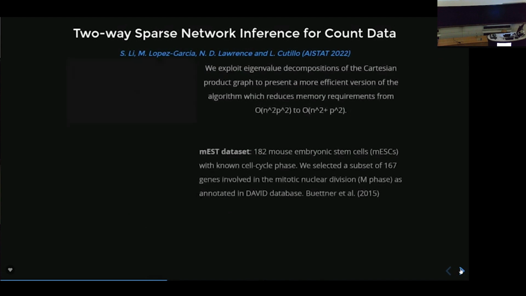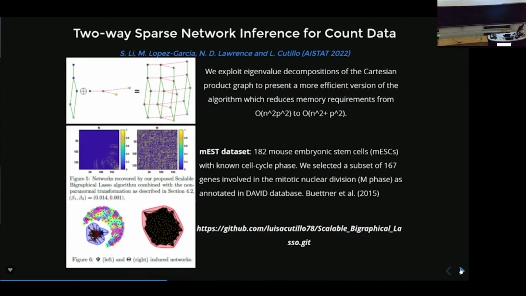So what we did, we worked on that with CIGA, and we made it a little bit better, meaning that we worked on a special way of decomposing this Cartesian product through an eigenvalue, eigen decomposition, and we managed to memorize just n squared plus p squared elements. So we went from this space complexity to this space complexity.